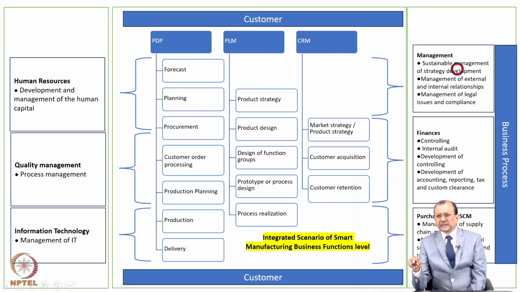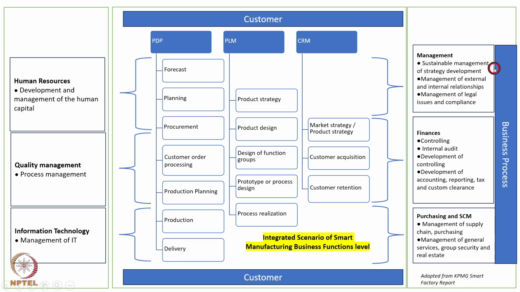So the development of strategy becomes a little more appropriate, a little more up to time. That is what will help in this case. This kind of integration, collaboration and connectivity is one of the desirable functions of smart manufacturing.